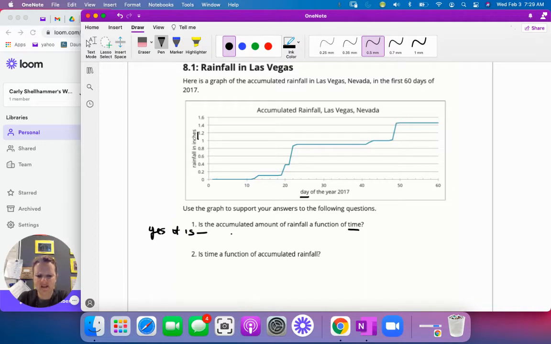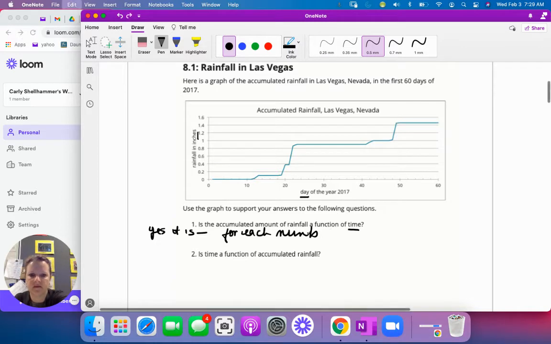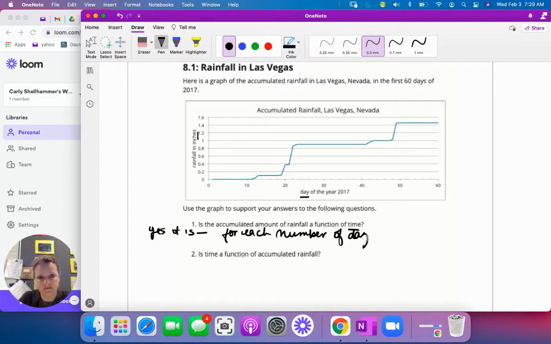Okay, so we can say for each number of days, we'll say that's D, between 0 and 60, a certain amount of rain fell.